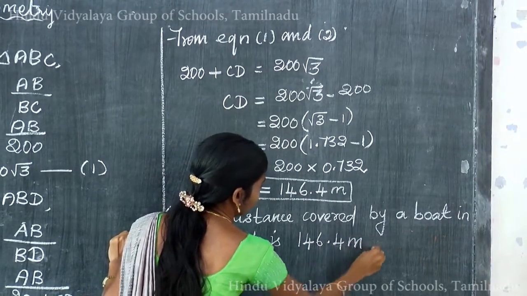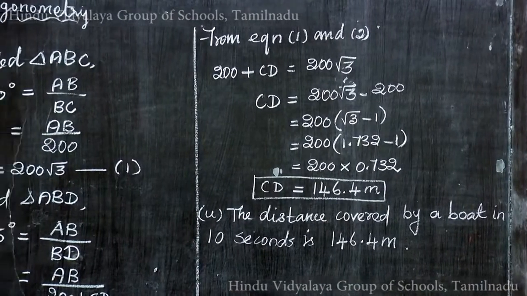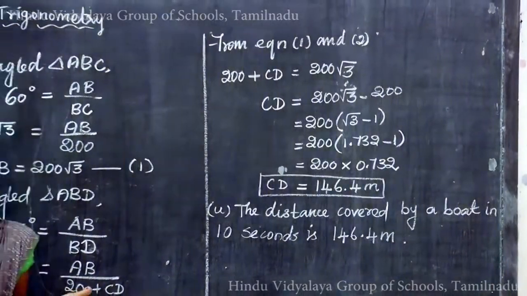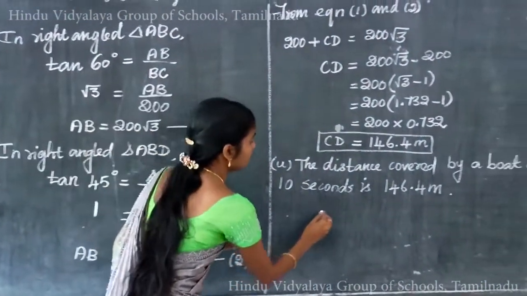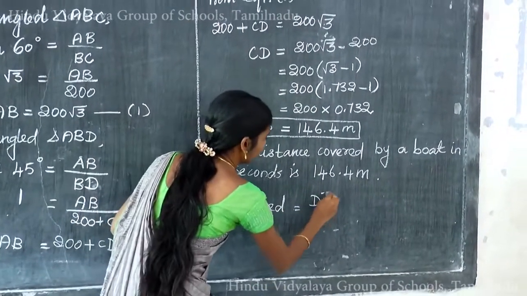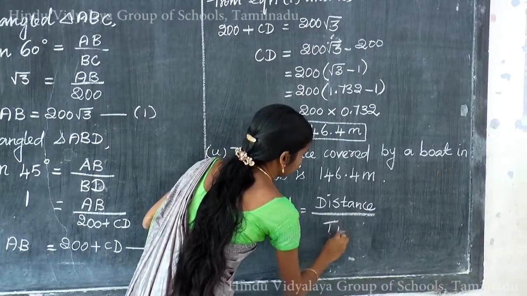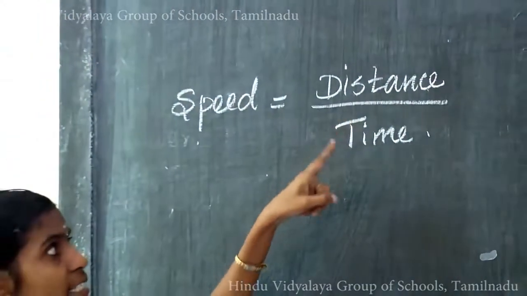But our question is to find the speed of the boat in kilometer per hour. So we already know the relationship between speed, distance and time. Speed is equal to distance by time.